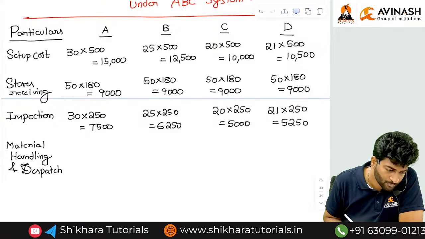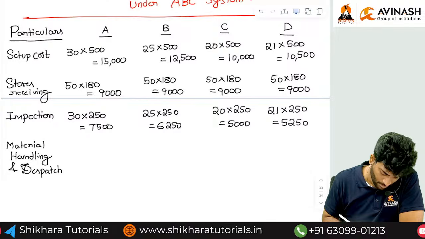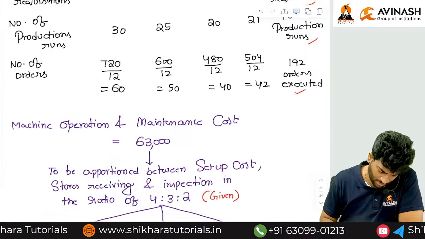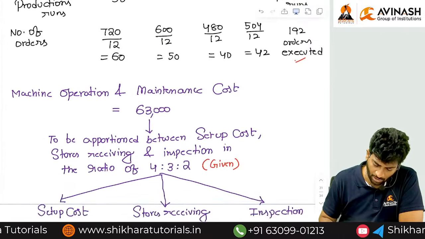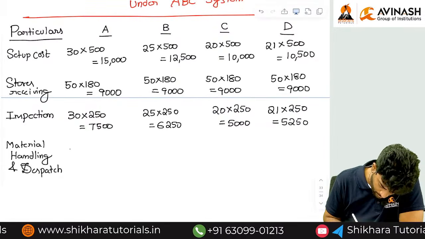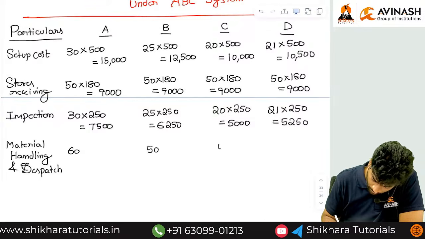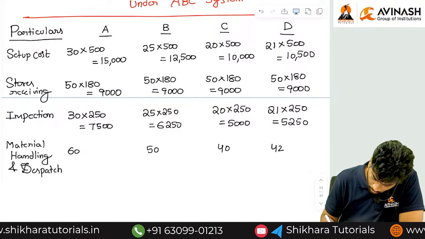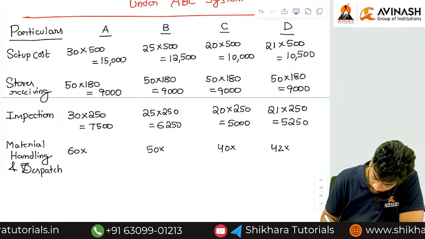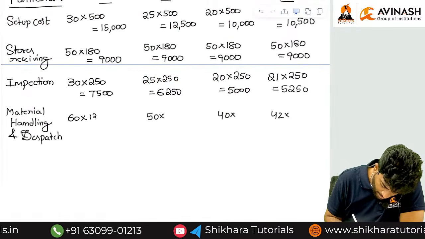Dispatch, number of orders, nothing but production runs, right? Batches. Let me check the batches. 350, 40, 42. 50, 40, 42. Rates, sir? How much? That is 0.5.